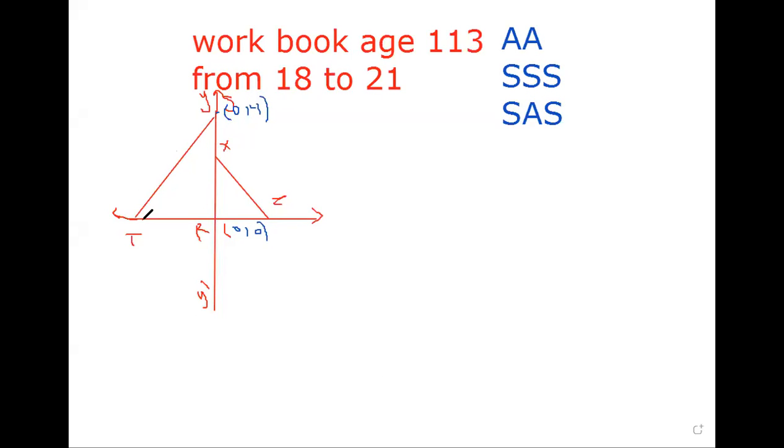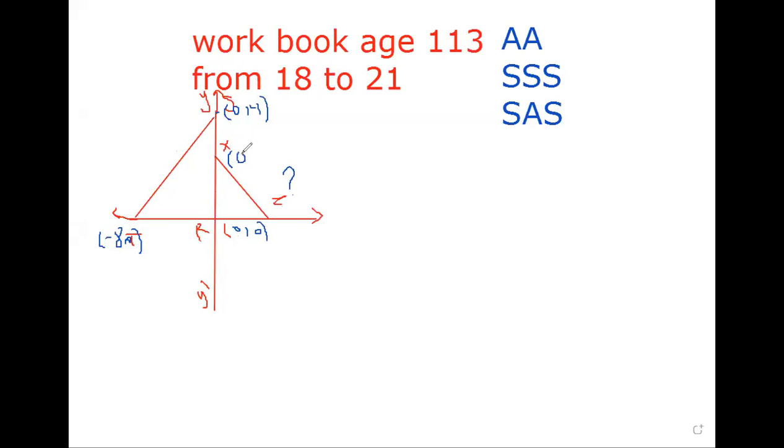T is -8 and 0. And we are looking for Z. We want the coordinates for Z that will make the two triangles similar. Then X is 0 and 2.